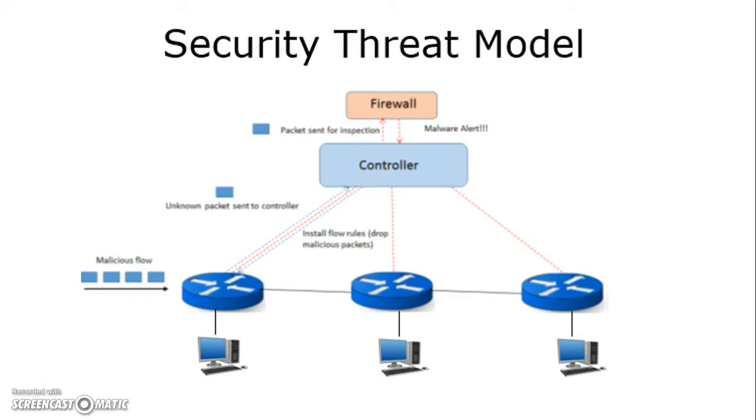If there is a match and action for a pattern which is suspicious, then the firewall informs the controller about this, and the controller installs a flow rule to drop the malicious packet. Henceforth, the packets which come from the attacker and belong to the same flow will be dropped. So this is how our security threat model looks.